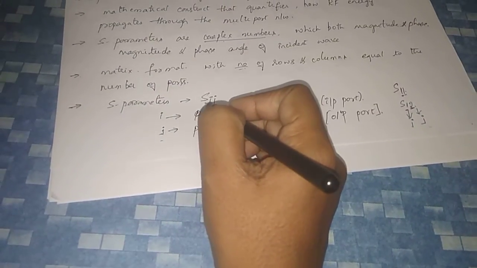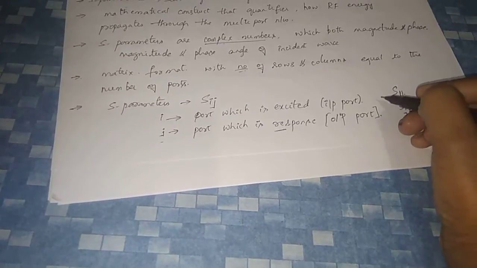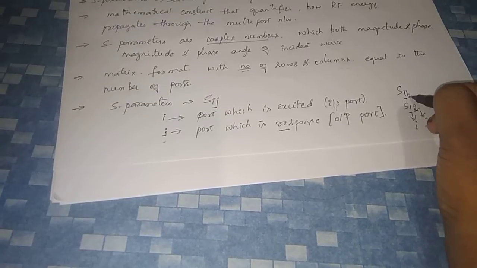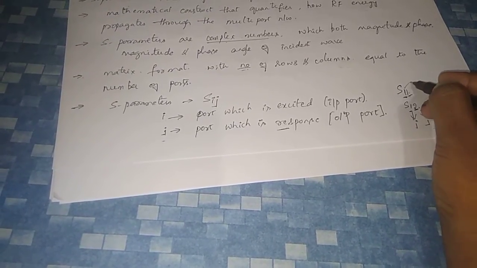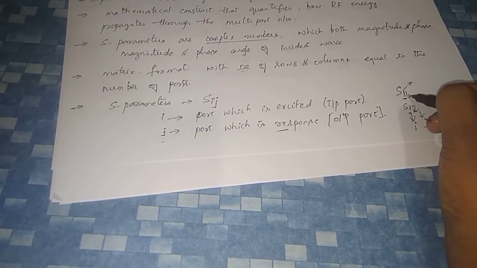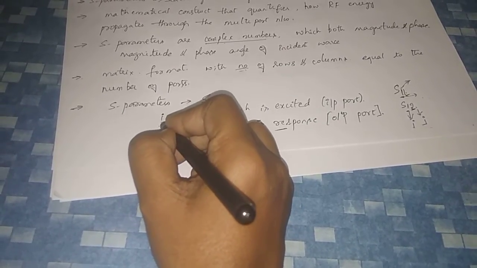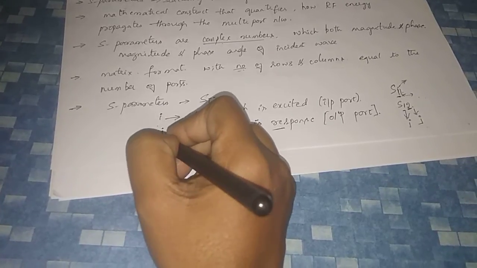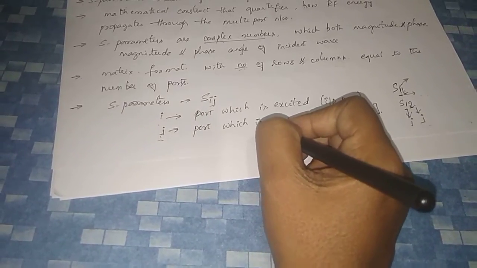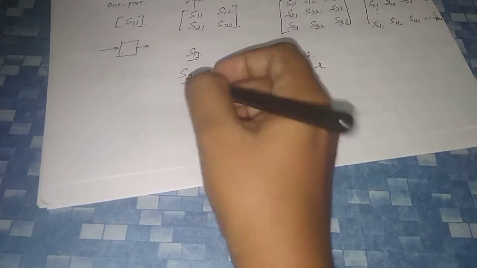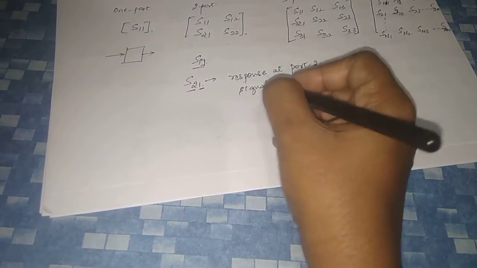S11 means the response at port 1 due to the signal at port 1 itself. In Sij, the first index represents where you are taking the output, and the second, with respect to which input port. So S21 refers to the response at port 2 for a signal at port 1.